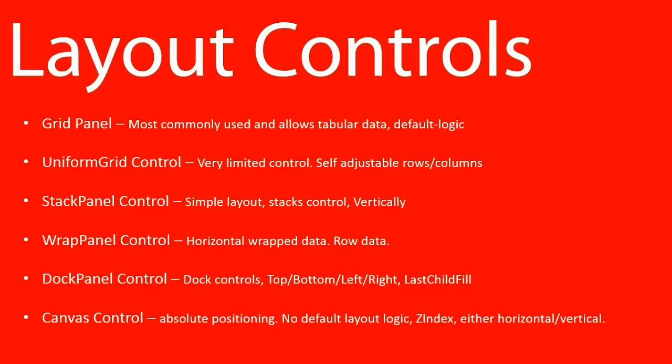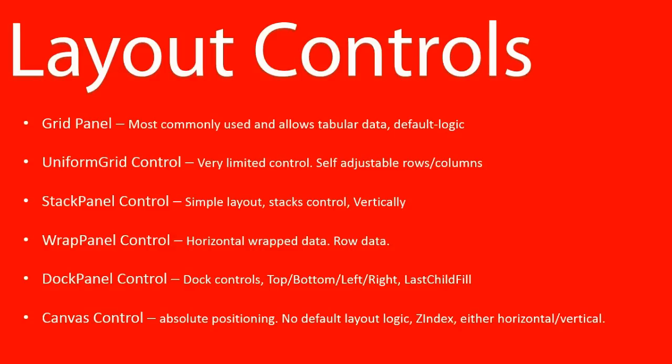This is a very limited control and we don't use it generally. It can adjust the rows and columns automatically. The third control is the stack panel. It is a simple layout and one of the mostly used controls. It can arrange its content in a vertical fashion.